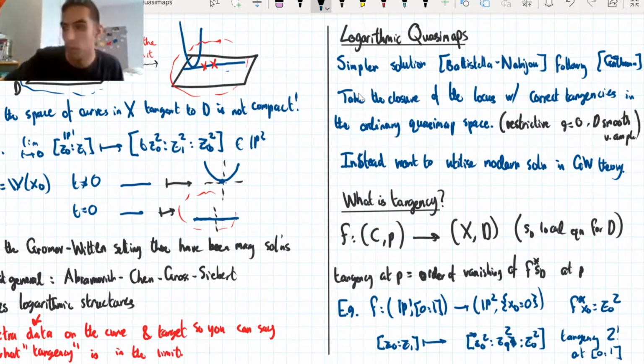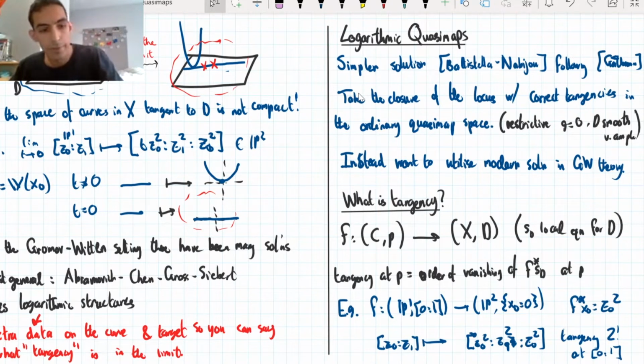Can I ask a quick question? Yeah, absolutely. If you take one of your Quasimaps, you think of this as a map from your curve, but it also has base points, right? That's right. So you can't talk about order of tangency in this sense for base points. Is that correct?